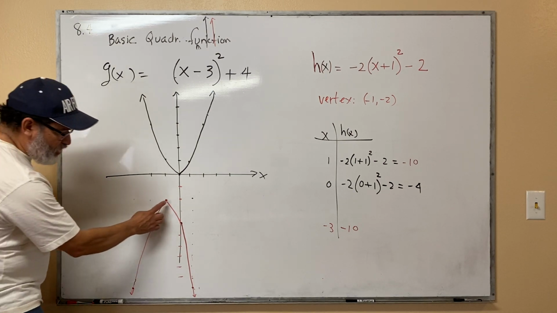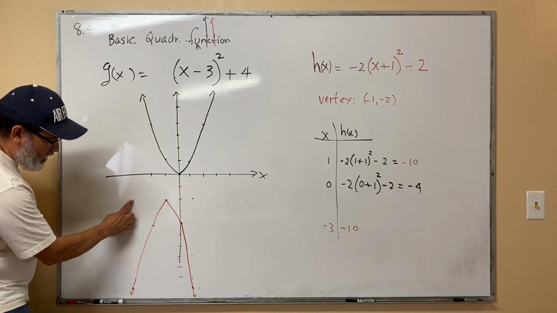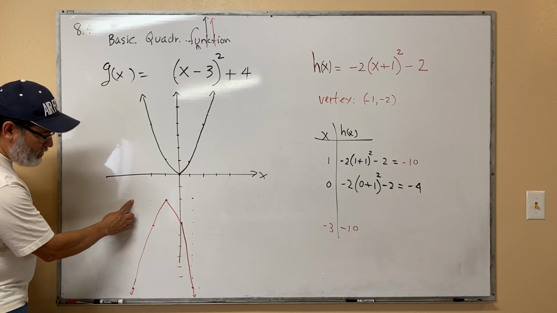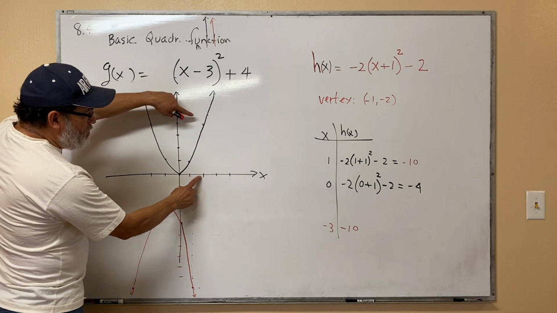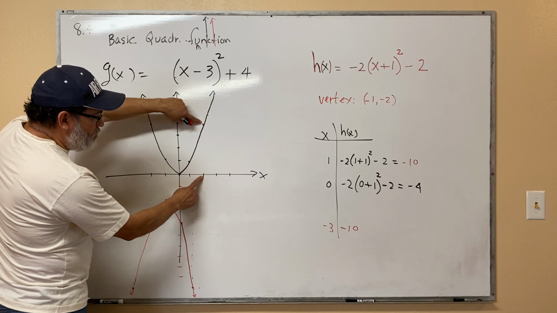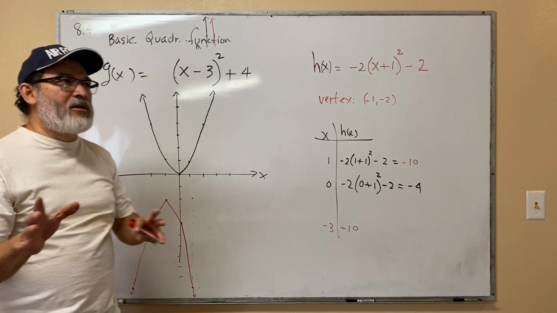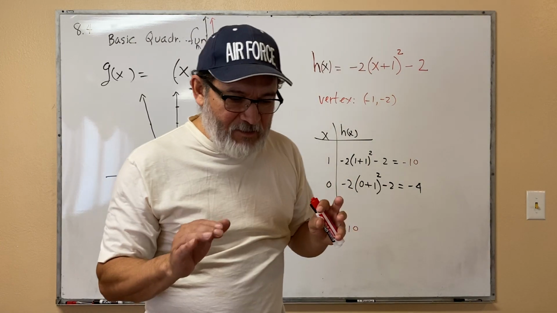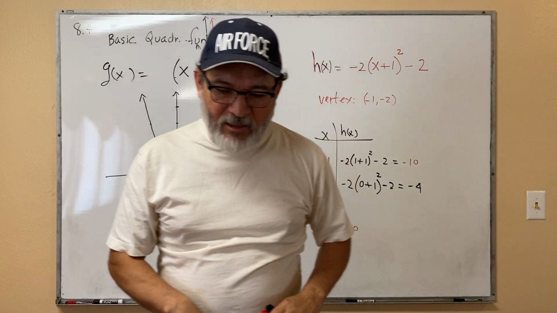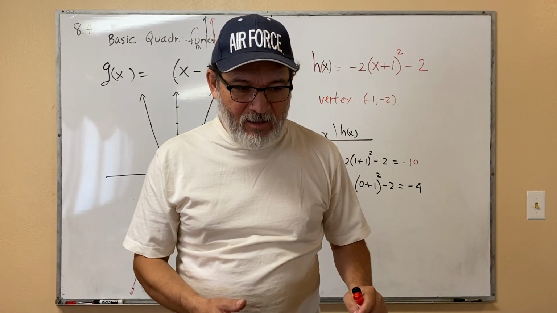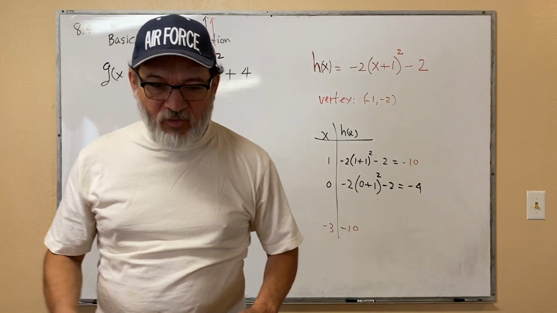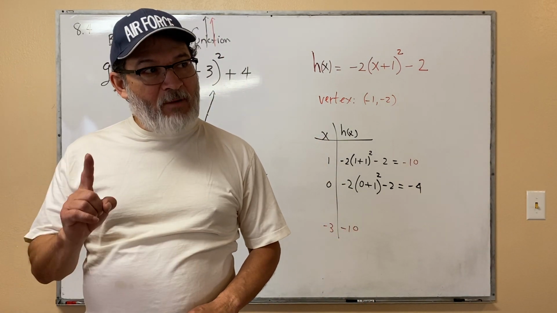But remember, vertex, twice to the left, before, base of parabola is 4. Remember? In a base parabola, twice to your left, 4 up.